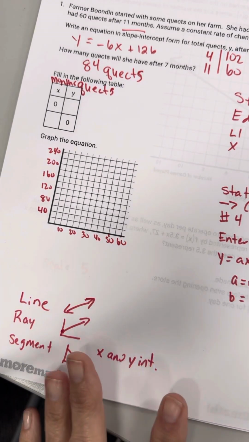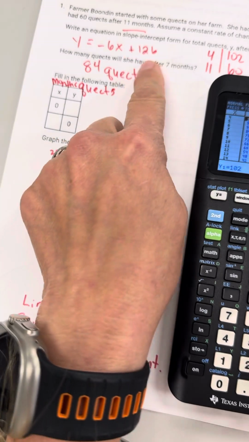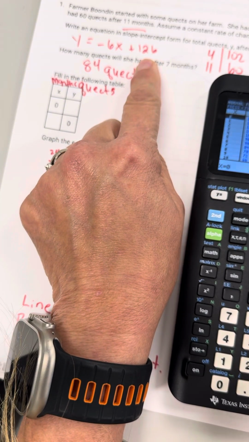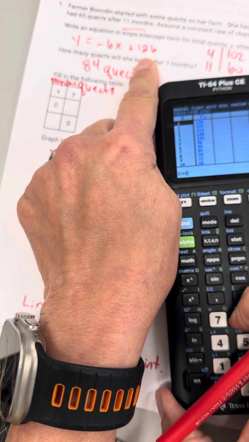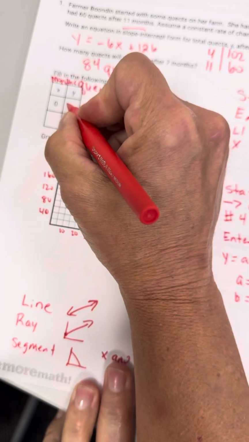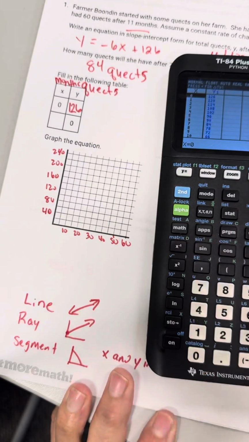Okay, and then we're going to fill out our table. So at 0, that's our y-intercept, which is the 126. And so you can see that there, 0 and 126. And then we're going to see when they have none.